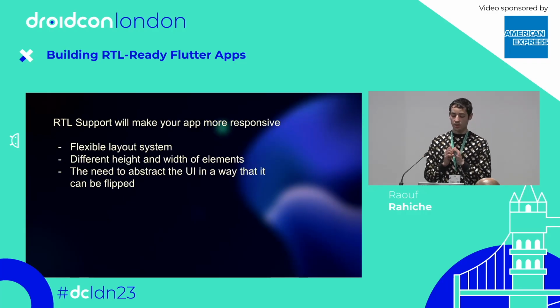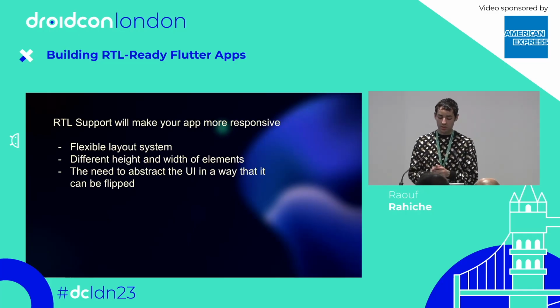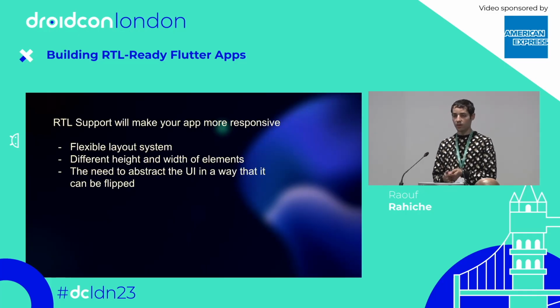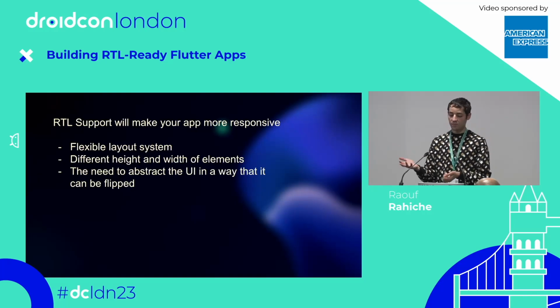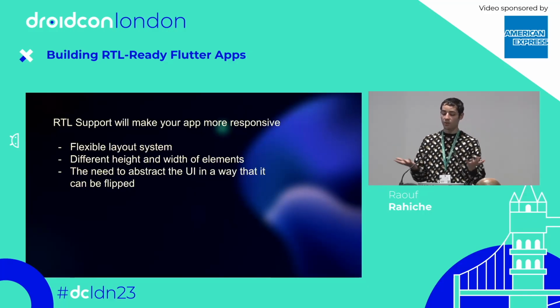One last thing I want to make sure comes through in my talk is why you need to add RTL. We have seen the reasons: it's a huge market, and some people have pain points. But another reason, even if you don't care about any of this, is that if you create your app in a way that supports right to left, it will make your UI and layout system way more flexible, because you will do so much more abstraction and think about responsiveness at a much higher level.